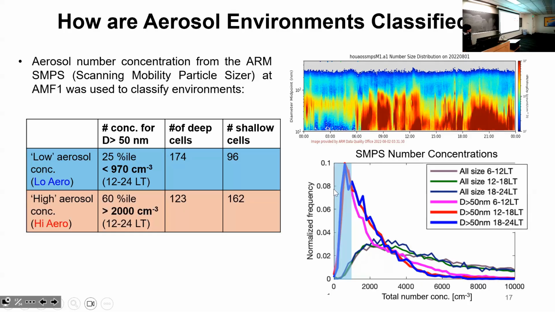The high aerosol environment is classified as greater than 2,000 per cubic centimeter, which corresponds to the 60th percentile. And then we collected 174 deep convective cells for the low aerosol environment and 123 for the high aerosol environment. We also collected shallow convective cells, but here I focused on the deep convective cells only.